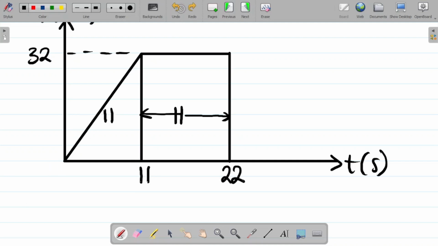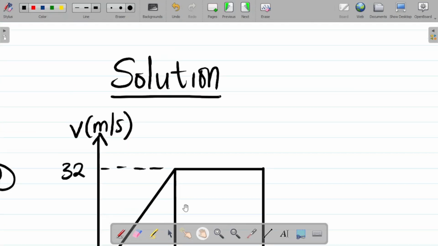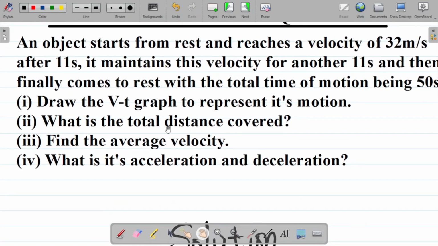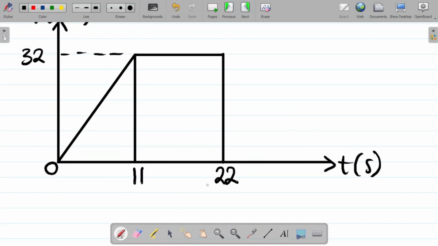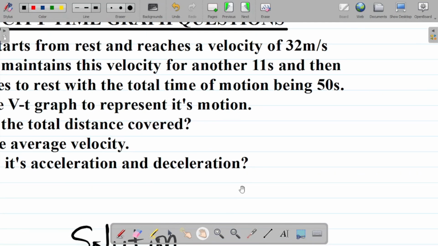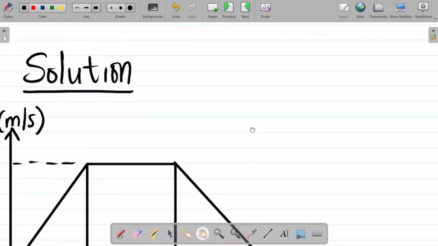All right, let's proceed. So this is origin 0. What's the last thing there? It said and finally comes to rest. If it comes to rest, it means it goes back to the t-axis. So from here it comes to rest somewhere around here. And they said the total time of the motion being 50 seconds.